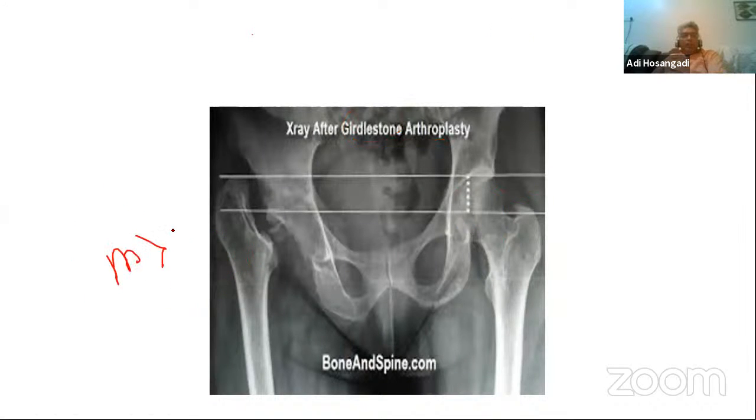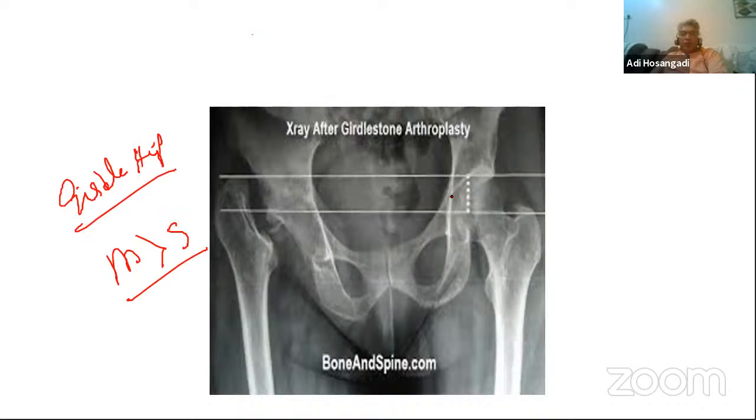Mobility is more, but stability is lost. They can twist the question and ask you again: girdle stone hip arthroplasty gives mobility but takes away stability.